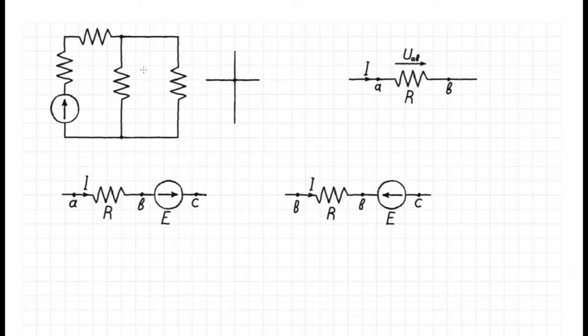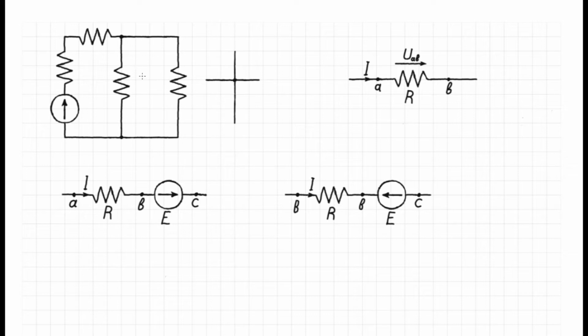The first branch consists of an electromotive source, a ring with an arrow in the middle, and two resistances. This is a branch of the circuit, and two corners.